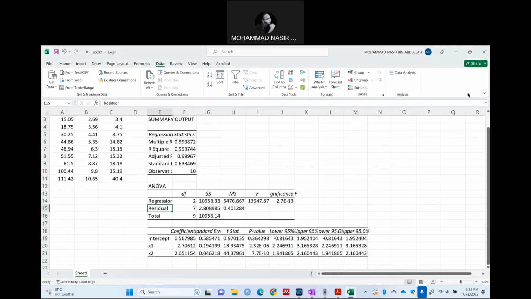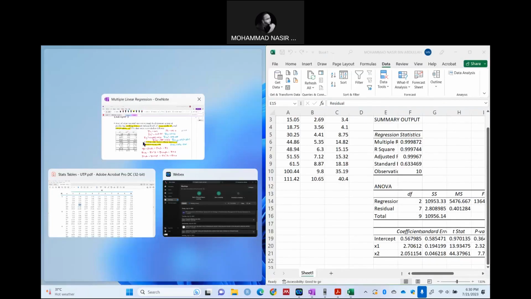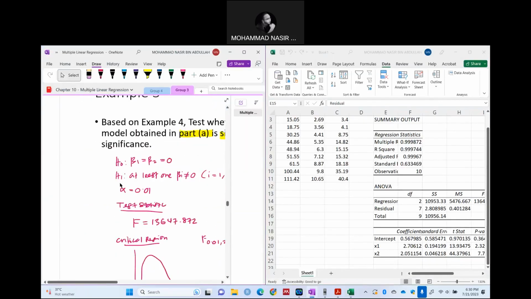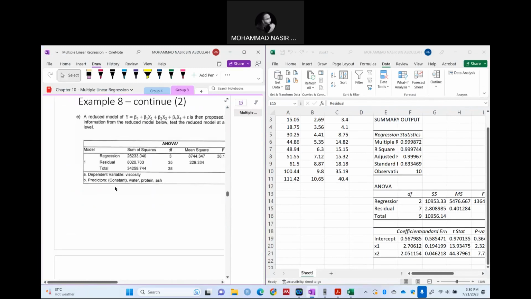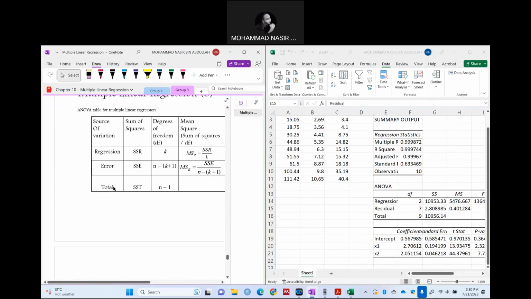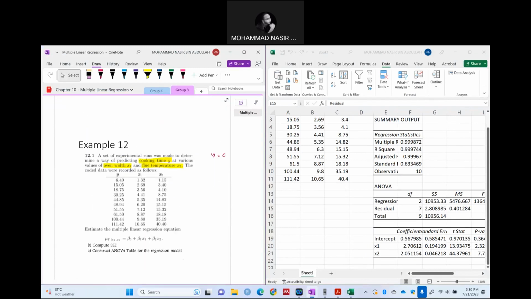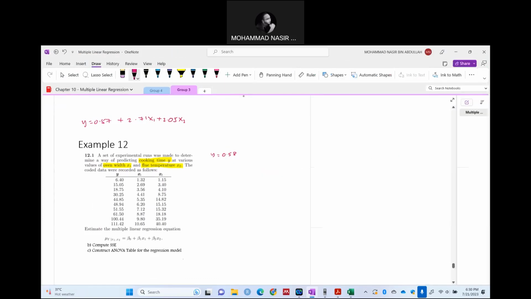Okay. So let me put the value. So this is Y equal to 0.567 plus 2.71, so this is 0.567, 2.71 x1 plus 2.05 x2. Right.